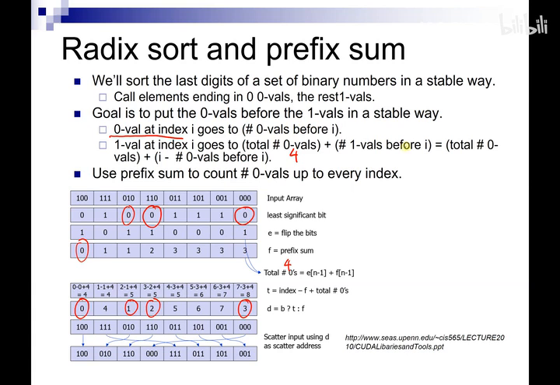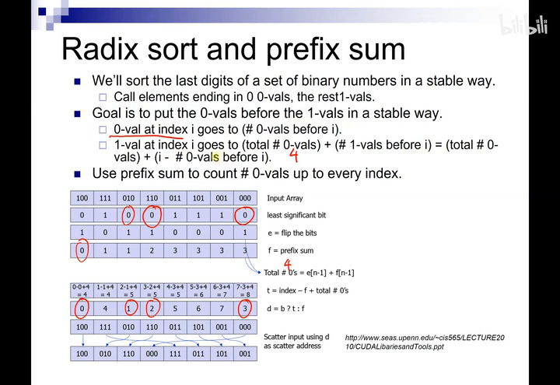What about this? How do we know how many 1 values come before I? Well, all the values before position I are either going to be 0 values or 1 values. So if you want to know how many 1 values there are, you can just take this index I and subtract how many 0 values there are. That tells you how many 1 values there are.